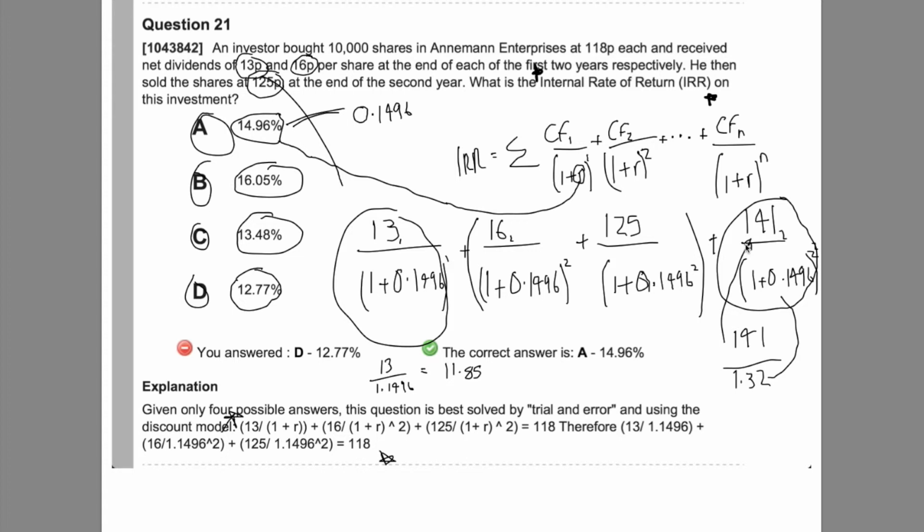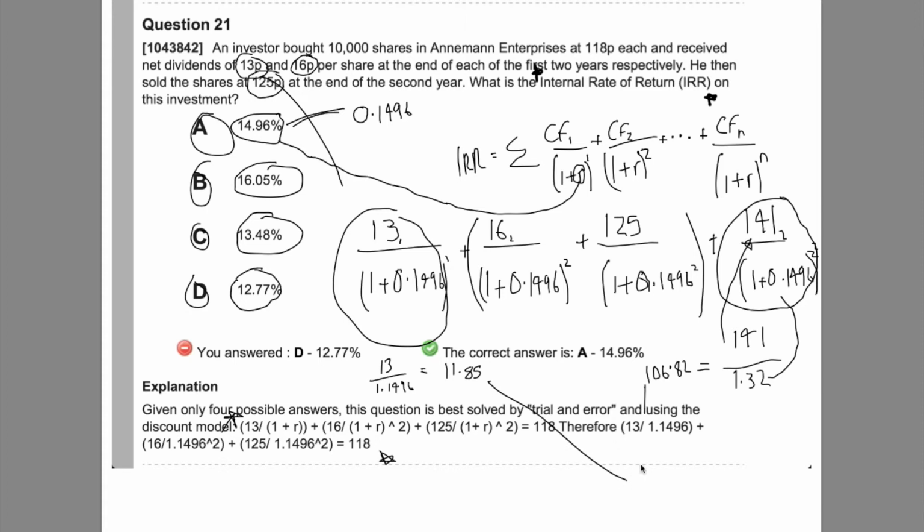So if we do 1.41 divided by 1.32, you should get on your calculator that it is equal to 106.82, really, to 2 decimal places. Guess what?